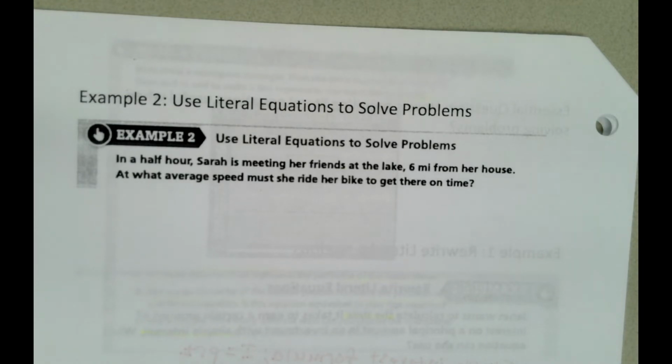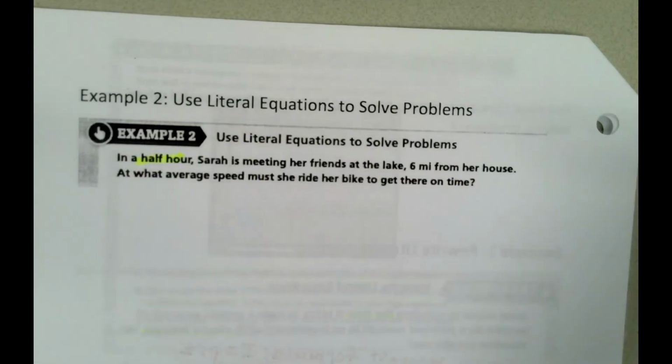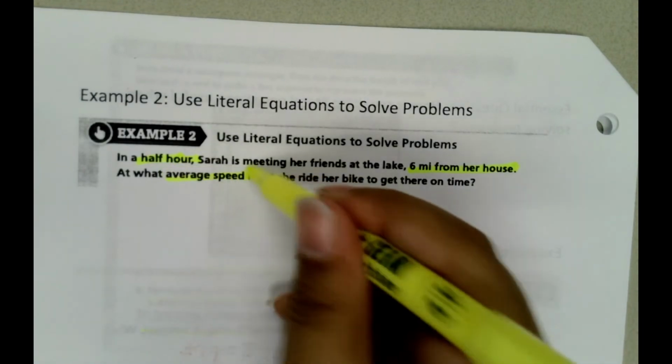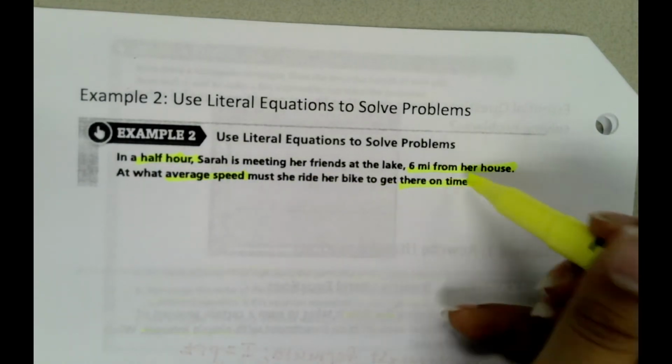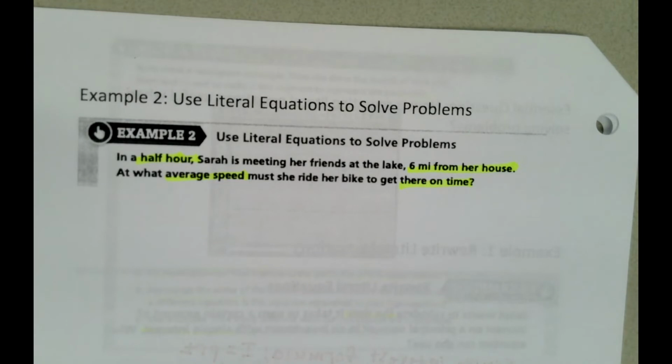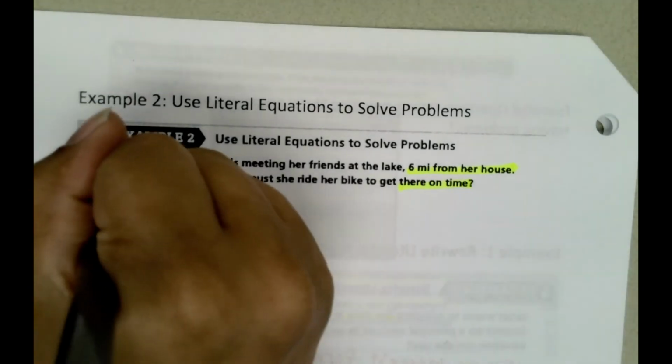So distance equals rate times time. So a way that we can write that in just letters is D equals RT.